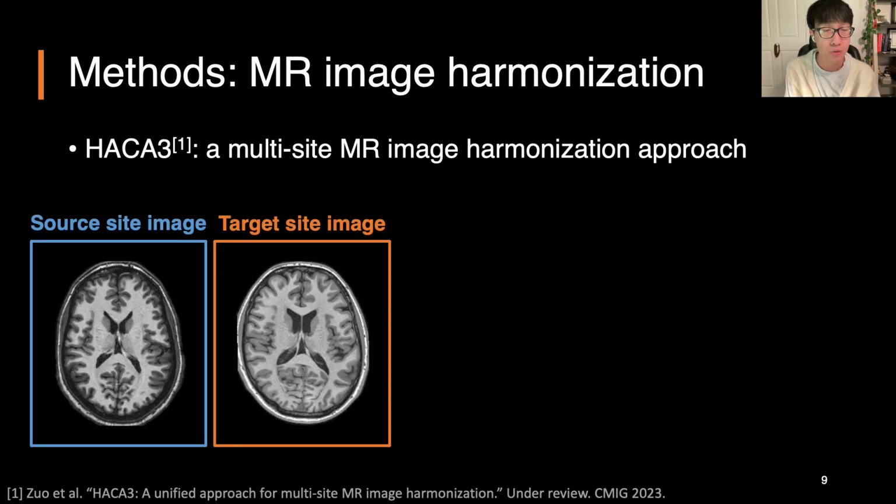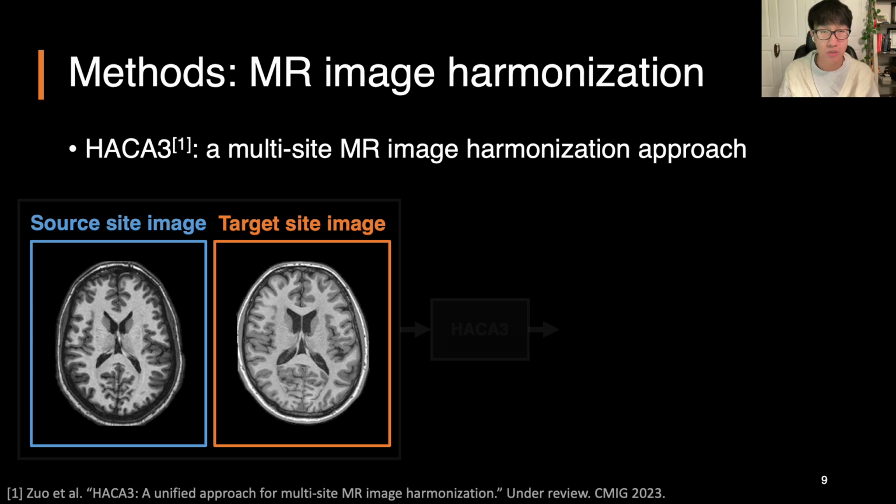For harmonization, we use HACA3, which is a recently developed harmonization method by me and my colleagues at Hopkins. So the inputs to this HACA3 algorithm are number one, a source site image, and number two, a target site image.